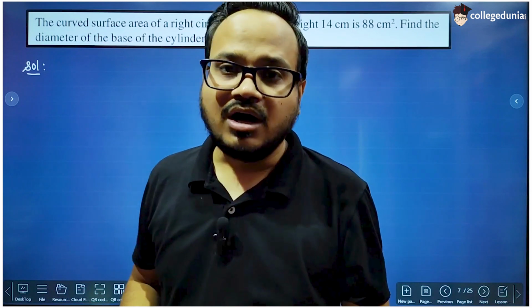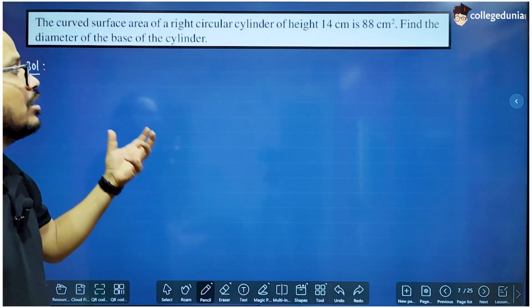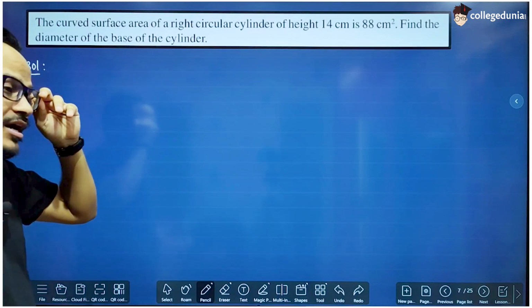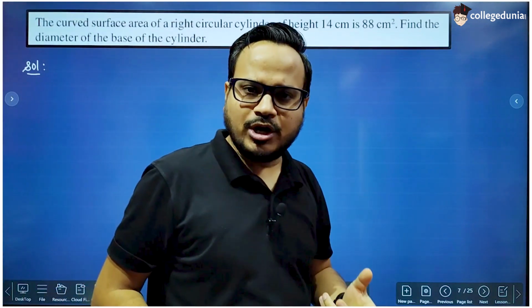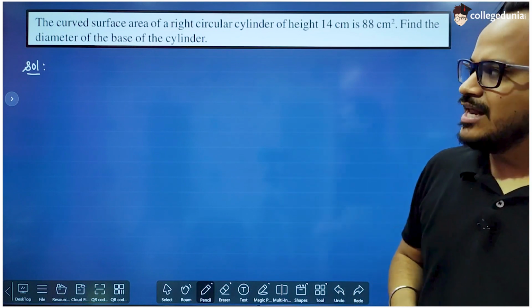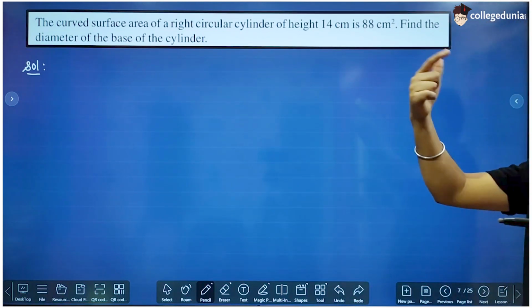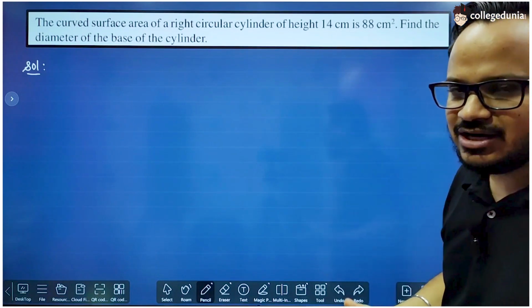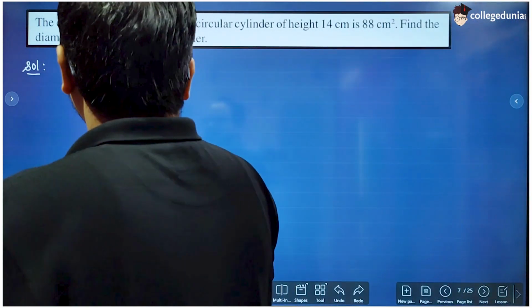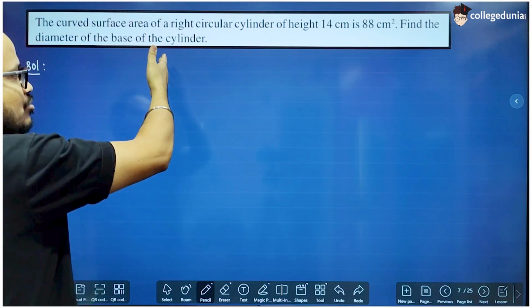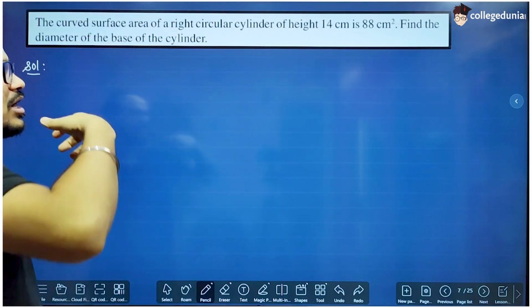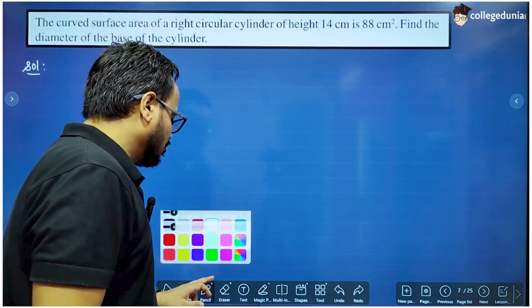Otherwise, we could take 3.14. If the value is given in the question, we have to take that value, and if it is not given, we can take any value. Depending upon the values given in the question, we will decide the value of pi so that our calculation is easy.